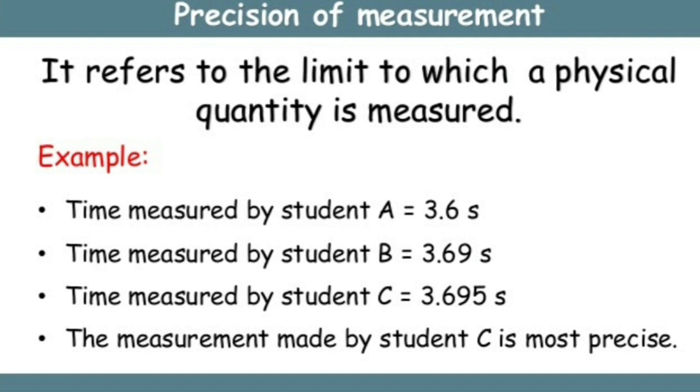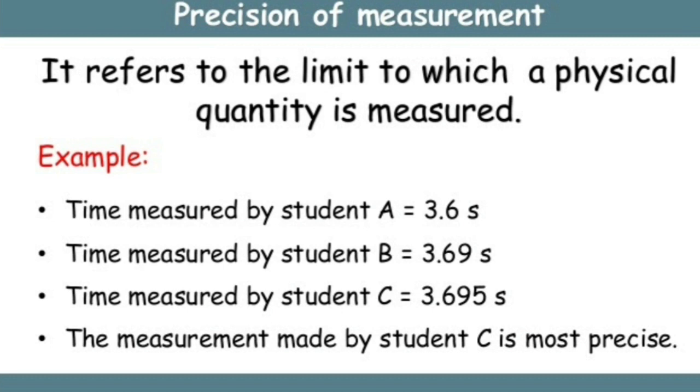3.69, 3.695. We have already studied about precision in an instrument, not among the measured values. When we compare the precision of instruments, for which reading is the precision more? I have already told that when we discussed precision.